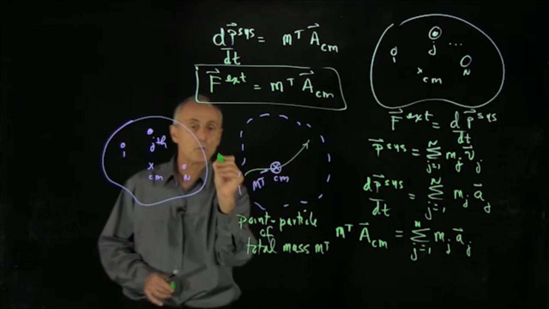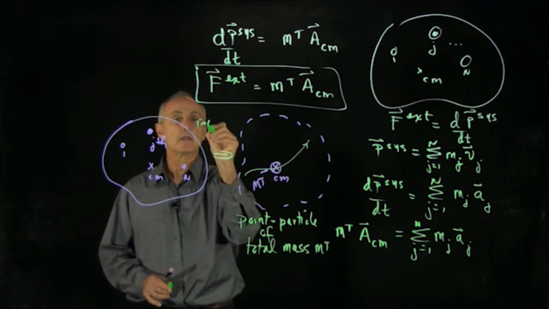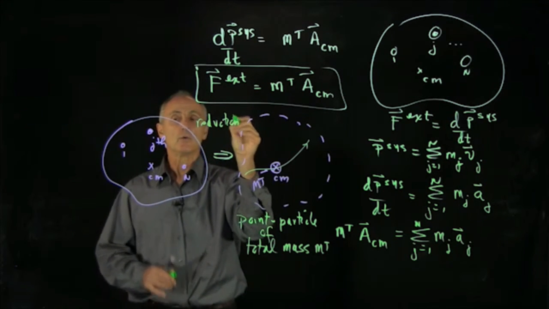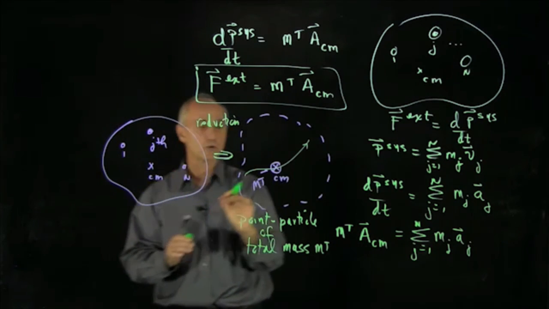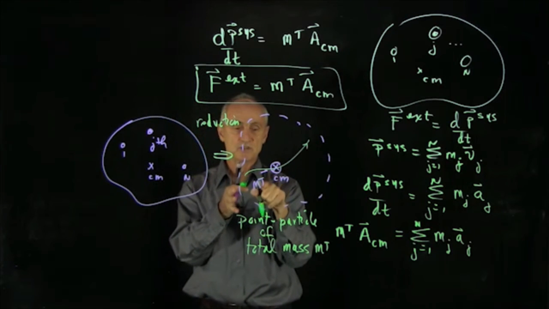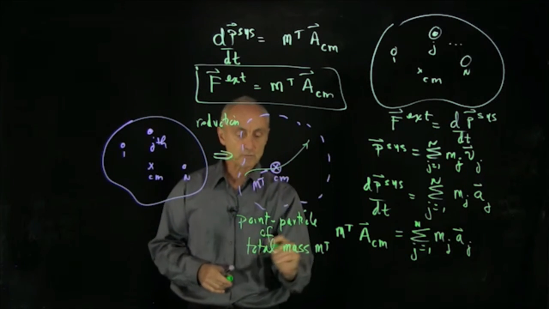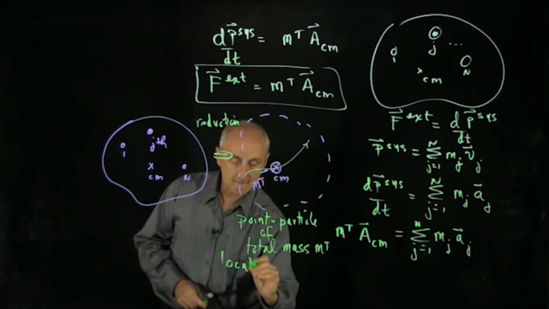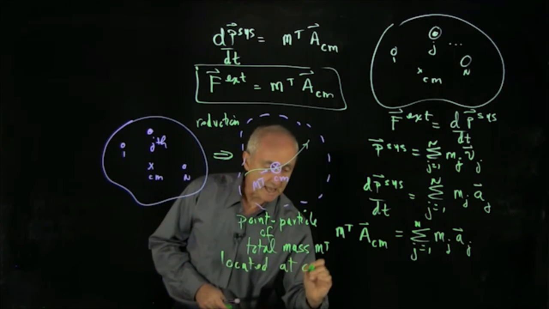M total. So what we've done is a very important reduction. We've taken a complicated system of particles and reduced it to a single point particle of total mass m located at the center of mass.